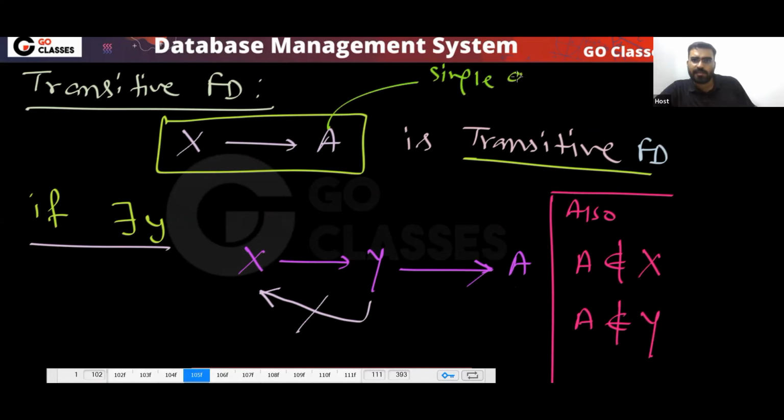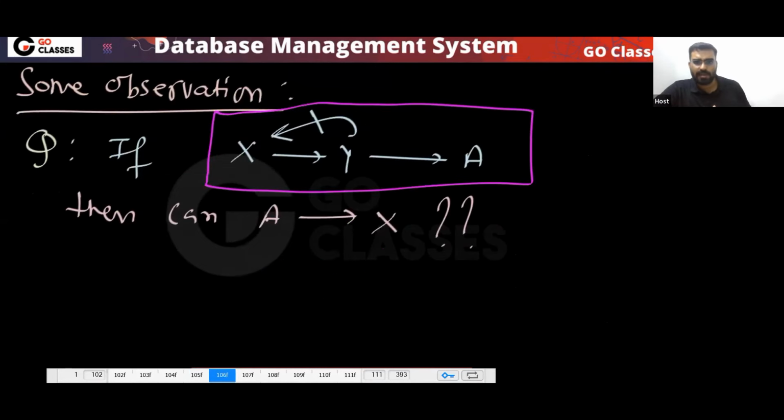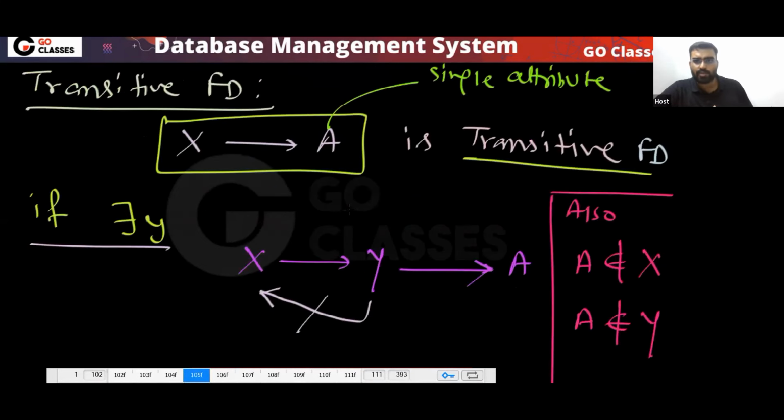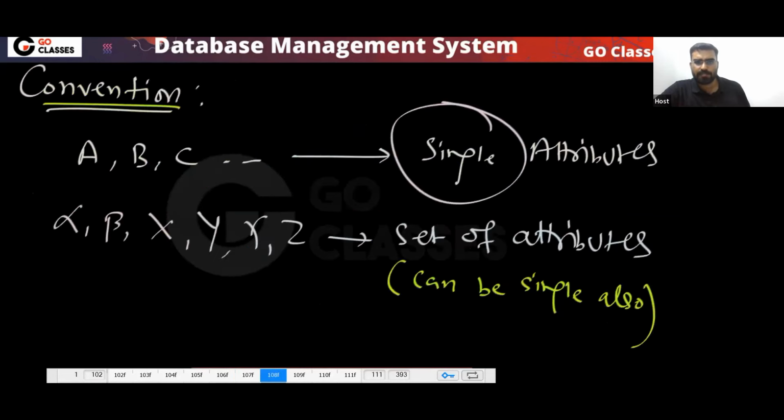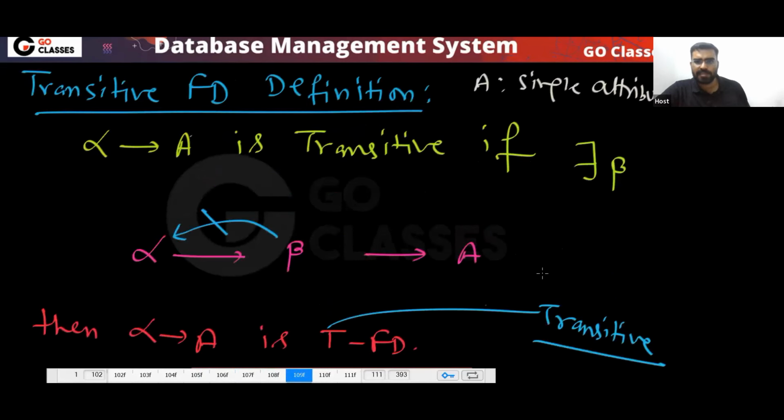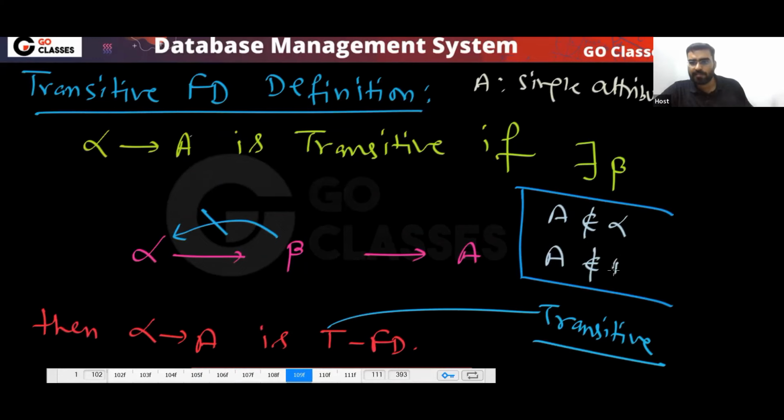A does not belong to X, A does not belong to Y, and it is a single attribute. And also A does not belong to alpha, A does not belong to beta. Tell me, is this point clear?